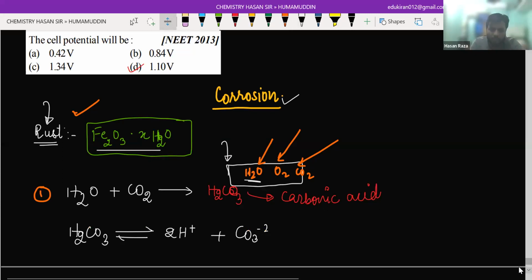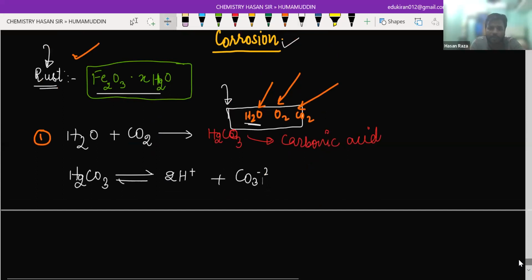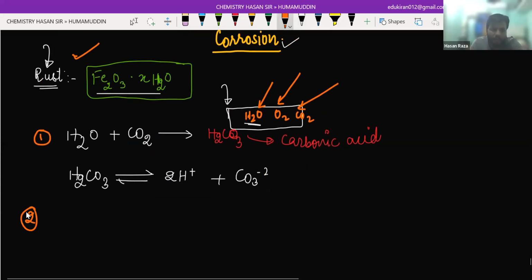Now, in the second step, what will happen? This iron will be oxidized into Fe plus 2. That means it lost 2 electrons.